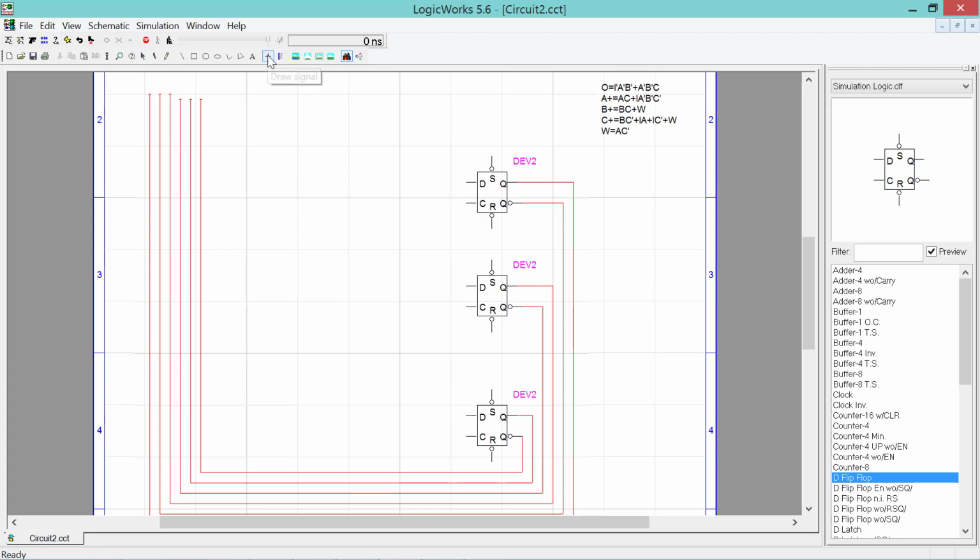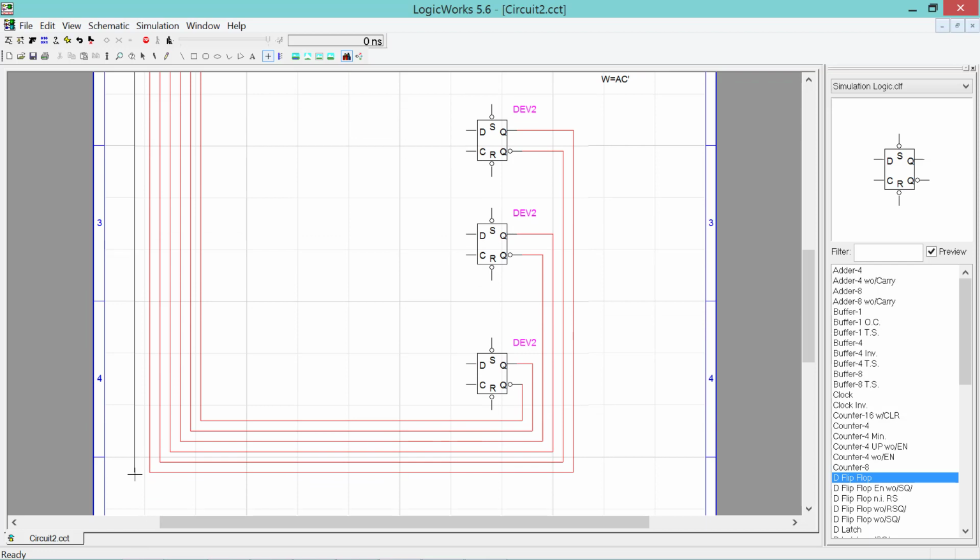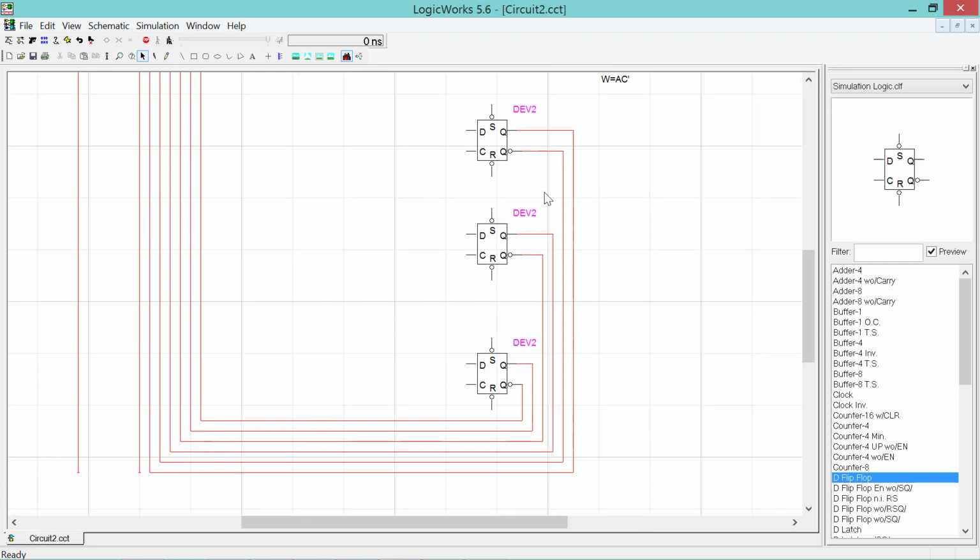Let's bring in our input, and we need an inversion, so we need I prime as well. So we need an inverter for I. This is for I prime. We'll copy and paste this to develop the signal in I prime.